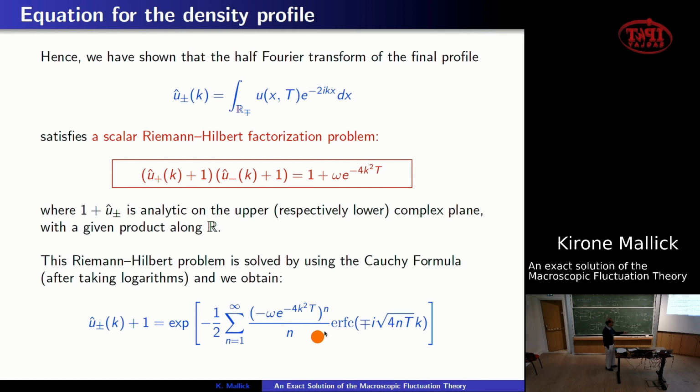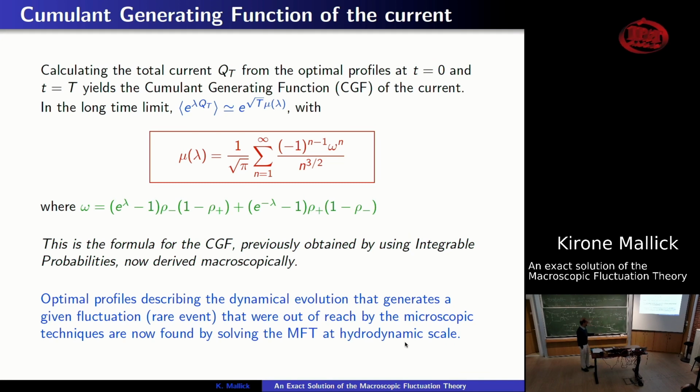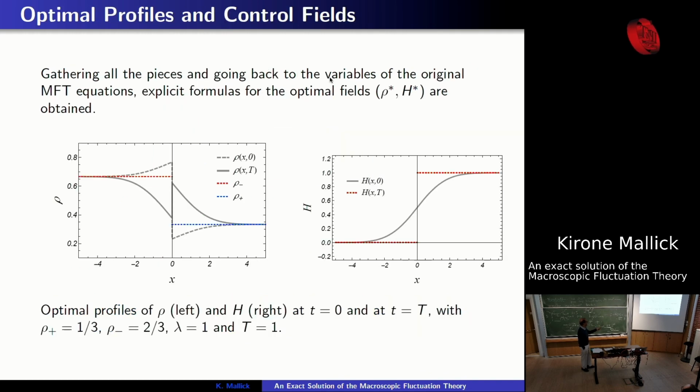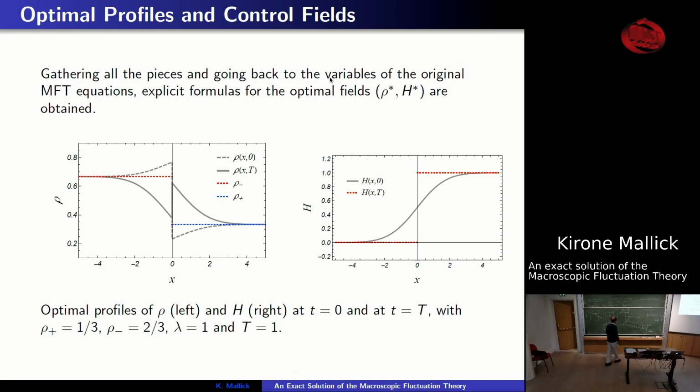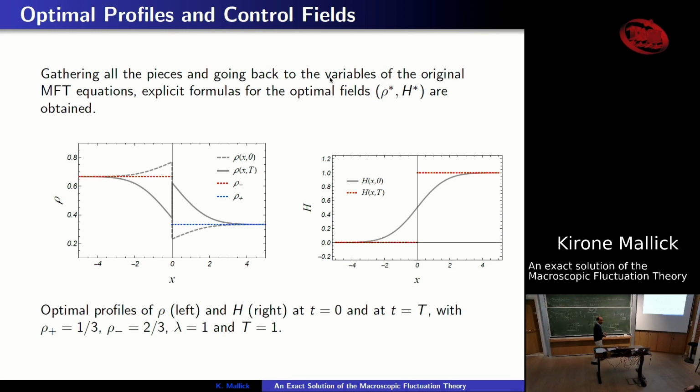If you know the Fourier transform, you can at least plot it. So knowing the profile at the final time, you can deduce the value of the cumulant generating function. And you can also plot the evolution of this profile from the initial time to the final time, and have an idea of how dynamically a non-typical fluctuation, a non-typical current, is generated through the system.